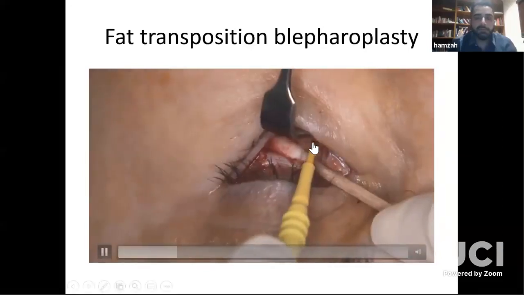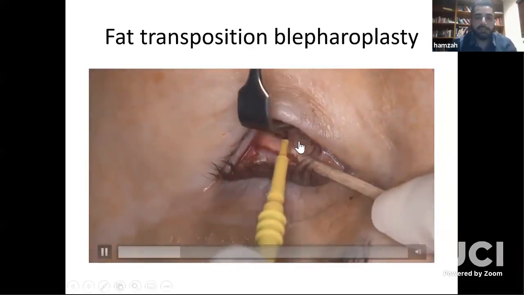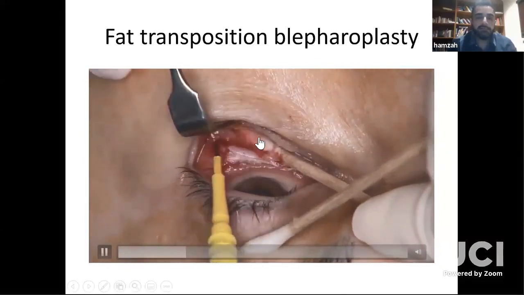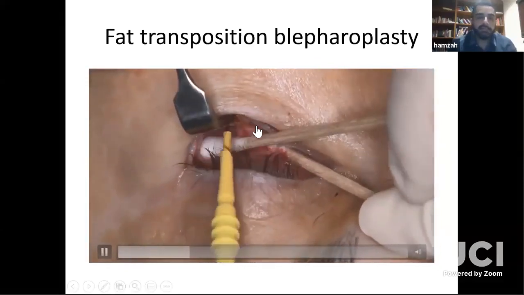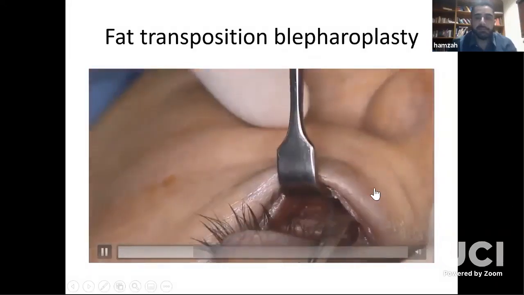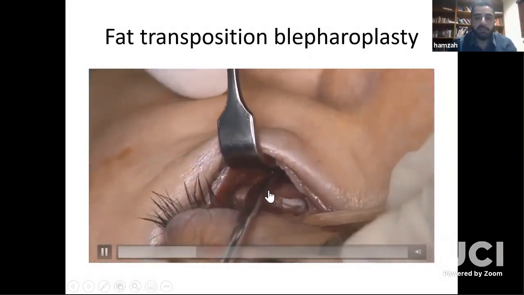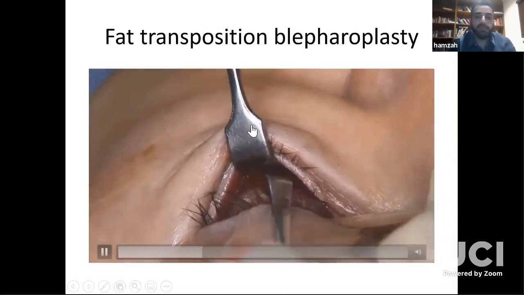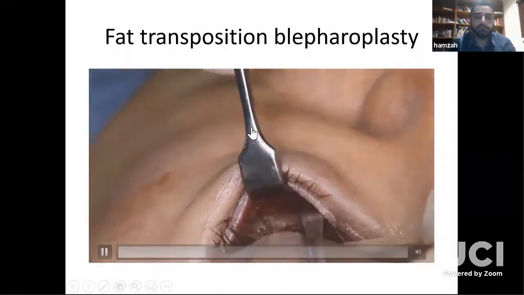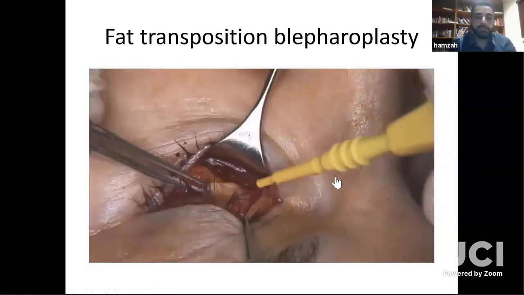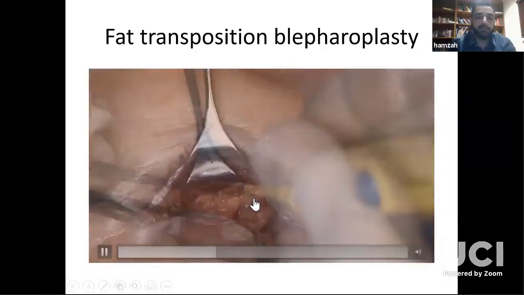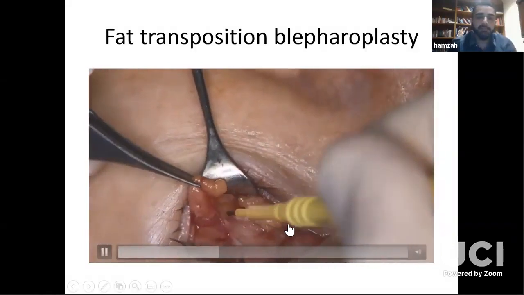So what we see here is at the arcus marginalis, the orbicularis inserts there, and this can just be divided off, which can either be done by blunt dissection or sharp incision. And then blunt dissection is carried out further past the orbitomalar ligament. The fat pedicles are created from the central, lateral, and medial fat pockets.